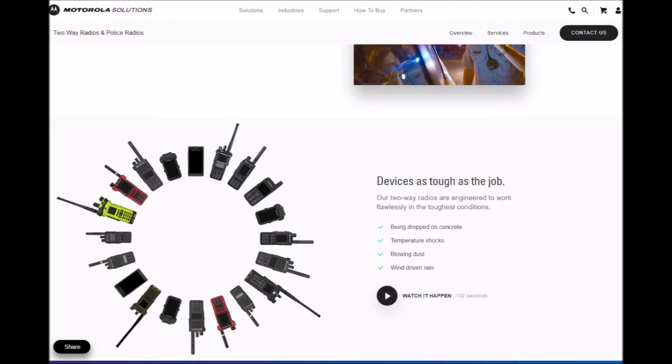After having lost $4.3 billion from 2007 to 2009, the company was subdivided into two independent public companies, Motorola Mobility and Motorola Solutions, on January 4th, 2011.